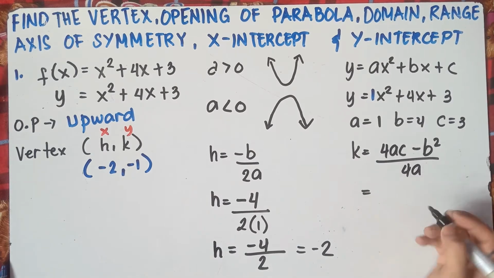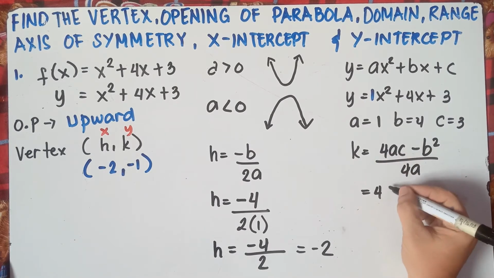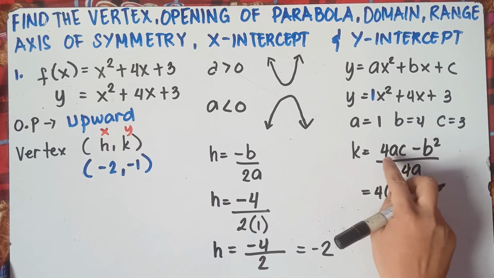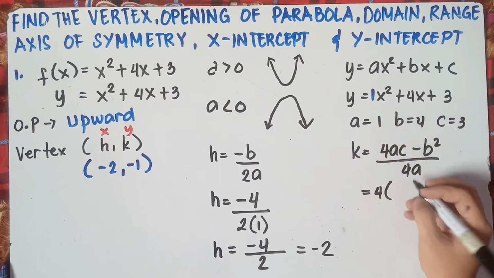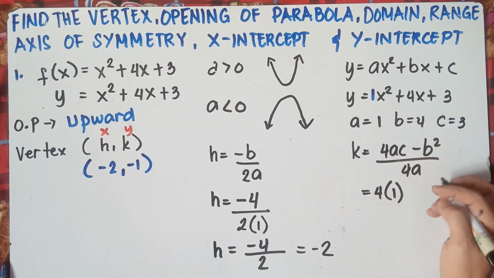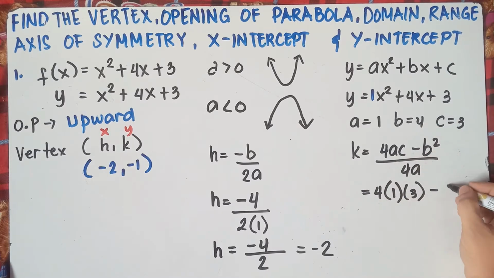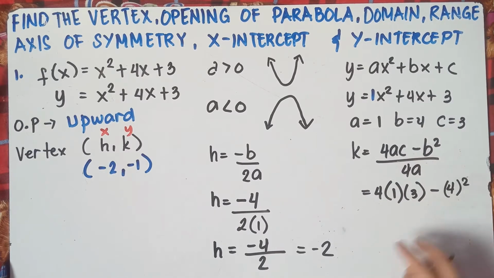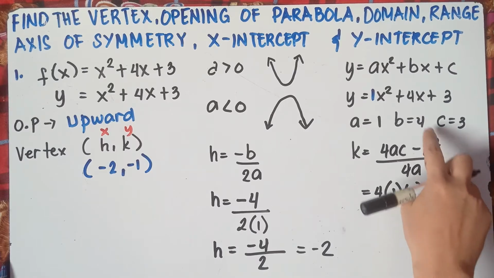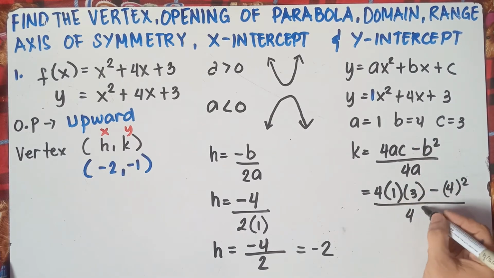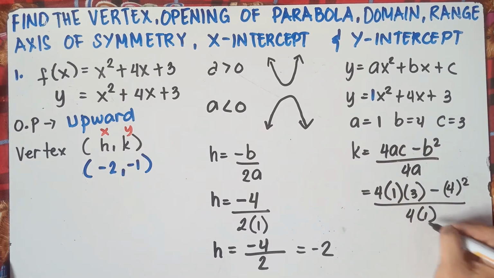So to get k, copy 4. 4ac means 4 times a times c. Our a is 1, and our c is 3. Minus our b, which is 4, squared, all over 4a, which is 4 times 1.